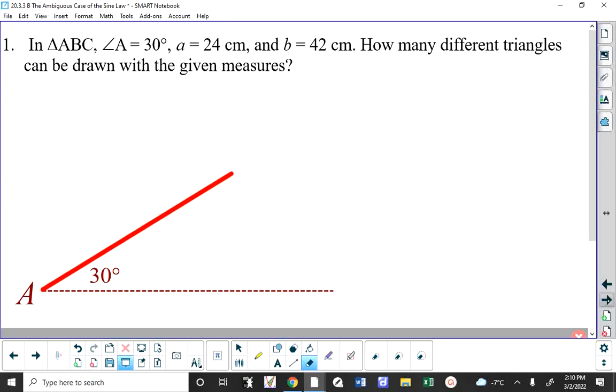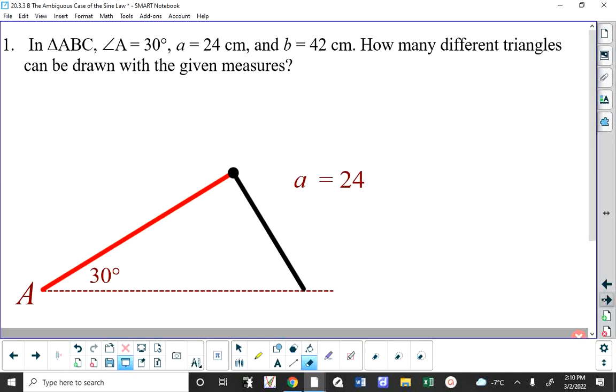Now, side A is 24, and that has to be across from angle A, but you're not going to draw it just yet, okay? Well, I guess you can draw it if you like. I take it back, draw it. So you're going to reproduce this as closely as you can on paper and draw that line, which is 24 long, from the end of the red line down to the horizontal.